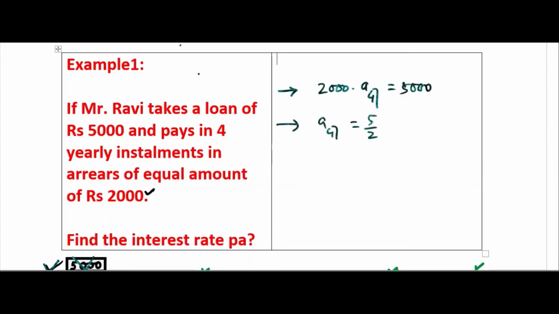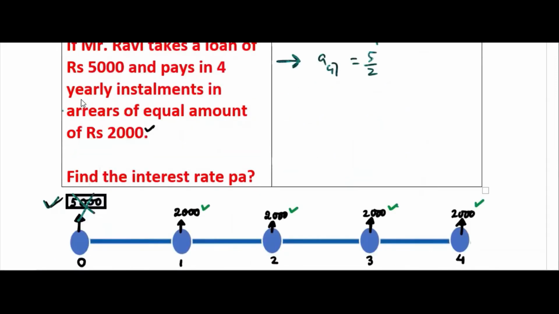I don't know how to solve this, because we are solving only quadratic equations, square power 2. We have an equation which we will not be able to solve. This is actually 1 minus v power 4 divided by I.